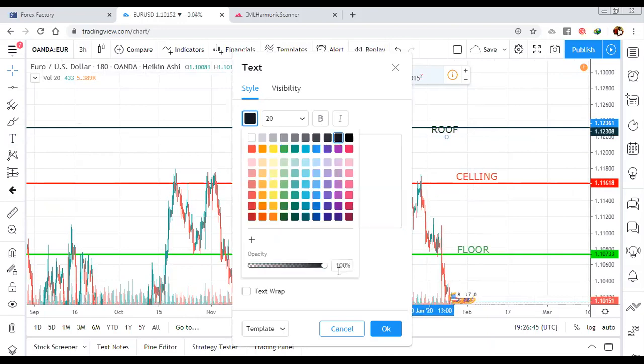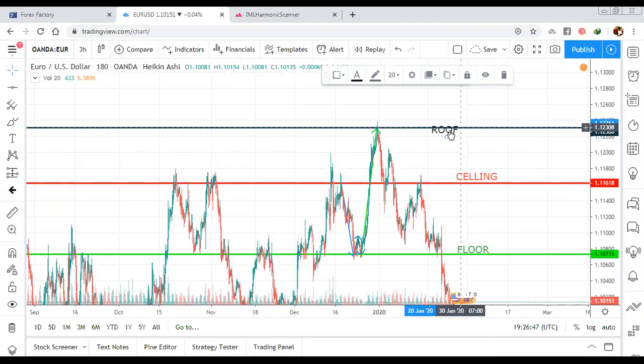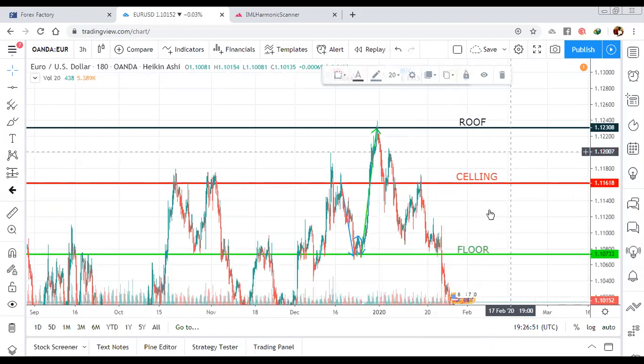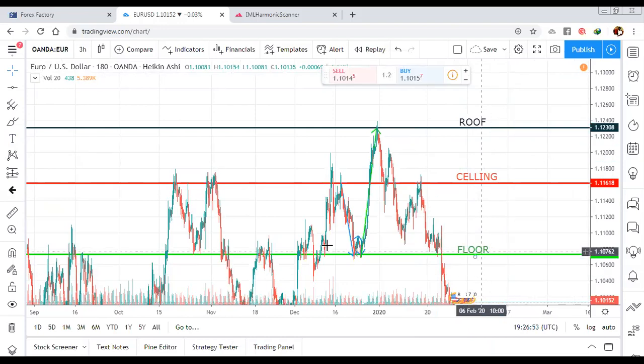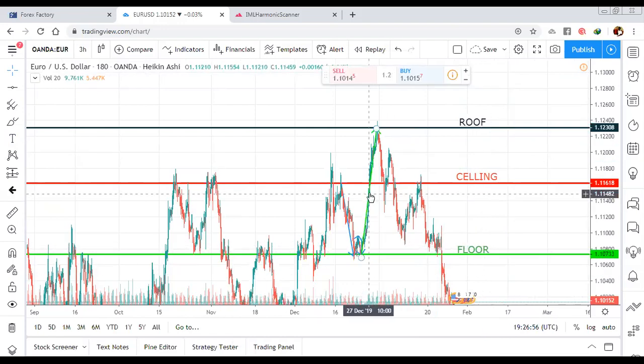Trusted, why did you label that place roof? Because, as you can see, this is the floor. The market broke into the ceiling and through the ceiling. So this is the highest point the market came to, which is the roof.